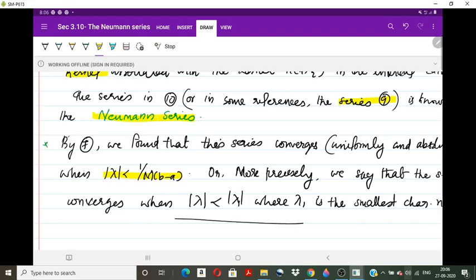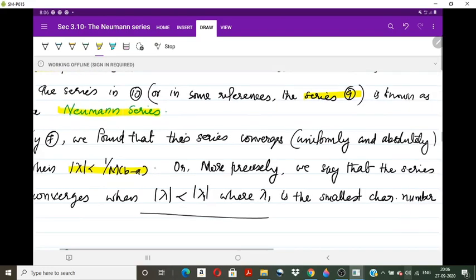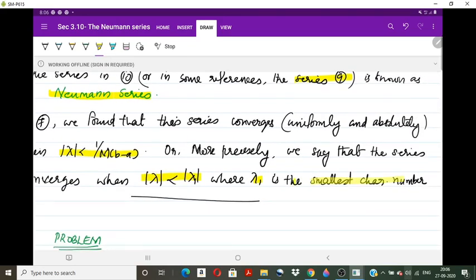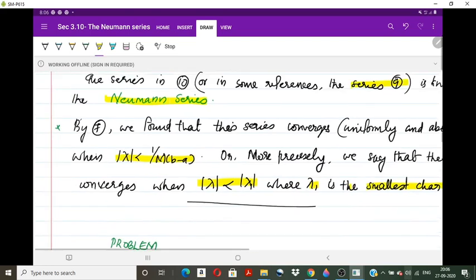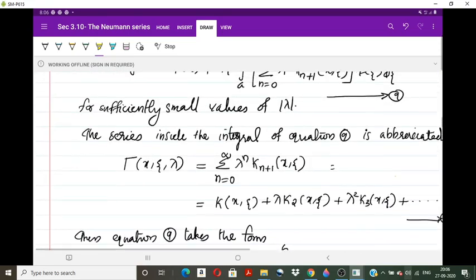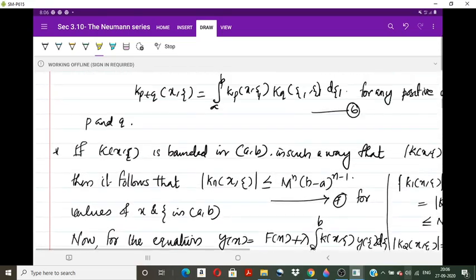Or more precisely, we can say that the Neumann series converges when mod lambda is less than mod lambda 1, where lambda 1 is the smallest characteristic number. So this is about the Neumann series, resolvent kernel and the corresponding Neumann series.